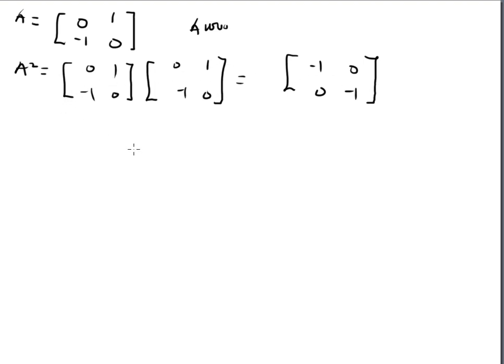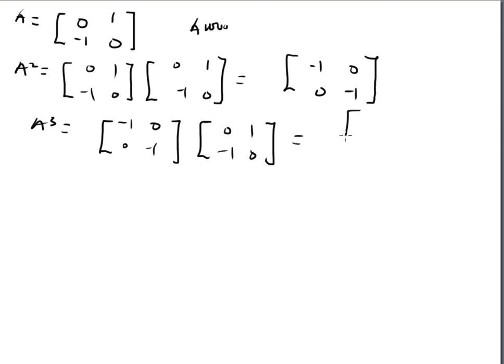And you can compute A3, which is the matrix we've gotten, negative 1, 0, 0, negative 1, times A. And this gives us 0, 1, negative 1, and 0.